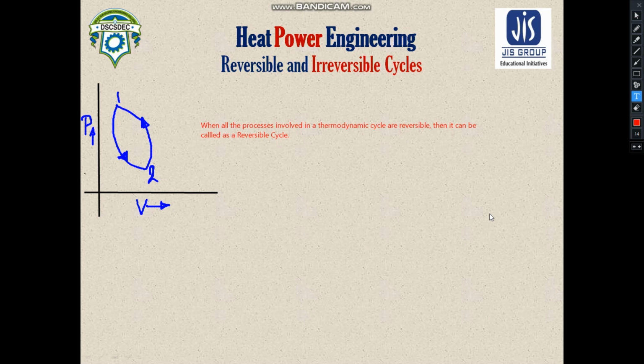Okay, but practically when these processes happen, in reality they are not reversible at all. All of them are irreversible. But to idealize the processes, to conceptually think about these thermodynamic processes, we think of them as reversible processes so that we can find the maximum possible efficiency.